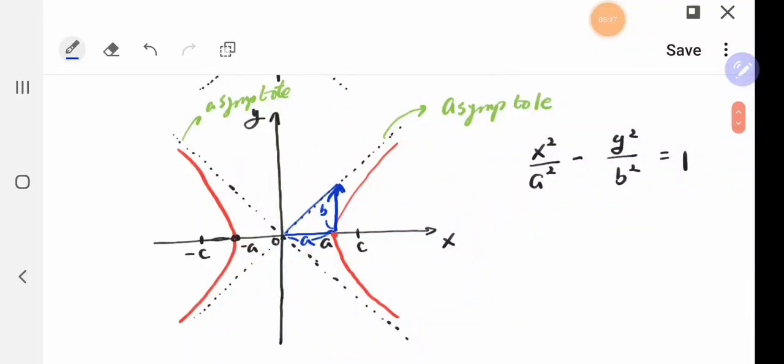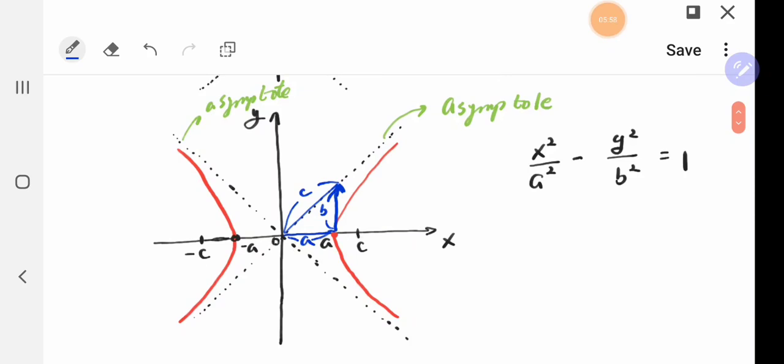Then this hypotenuse is the length of the focus. Using this right triangle, we can find the length of the hypotenuse, then c will be the focus. b is the length of the vertical side, the height, and a is the horizontal side.